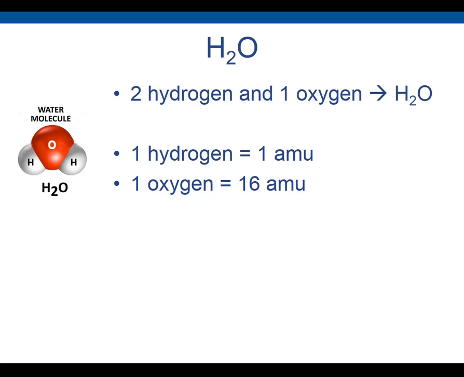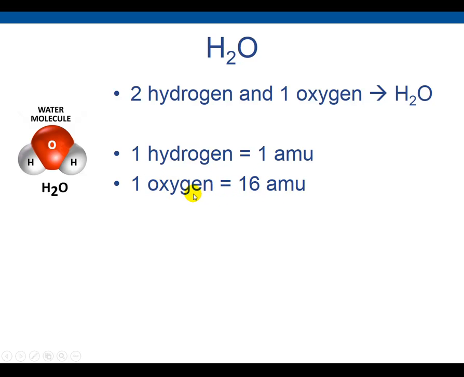Let's see some examples here. So we have H2O. H2O, as you know, is water, right? So we have 2 hydrogen and 1 oxygen. 1 hydrogen has 1 AMU and 1 oxygen has 16 AMU.